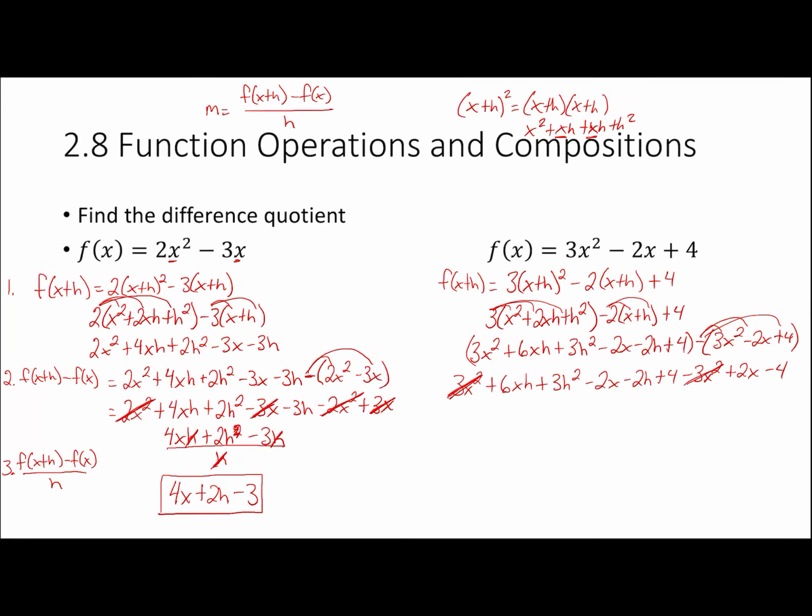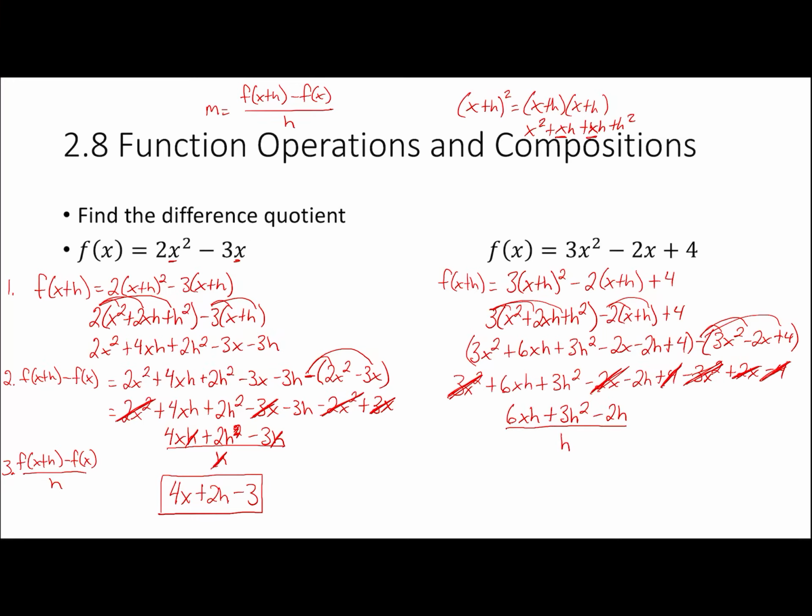And again, if we've done that right, those last terms, the ones from the original function, should all cancel out. So you'll see 3x squared and negative 3x squared, they cancel. And then negative 2x and positive 2x cancel. And then positive 4 and negative 4 all cancel. And so again, all that's left is 6xh plus 3h squared minus 2h.